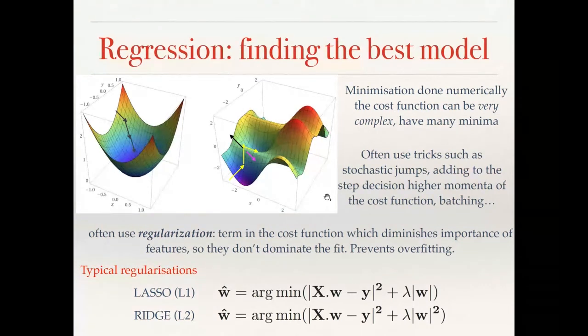So there are lots of tricks that are used to make sure you hop into the right minima, like stochastic jumps, which is the idea of adding some kind of thermal noise to your procedure so that you explore a larger parameter space, or doing an initial and very rough scouting of your parameter space, or, when you are moving, trying to find your minima, using not only the difference between your initial step and the next step, but also the higher order derivatives of your cost function.